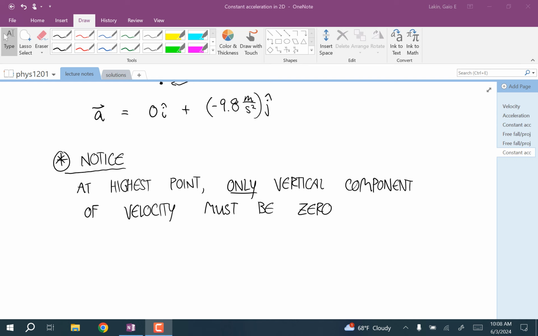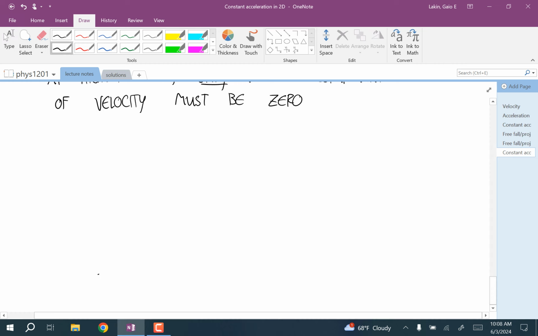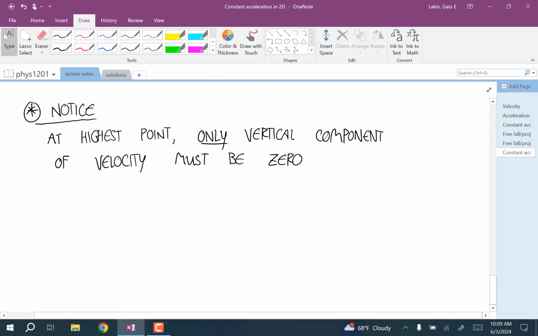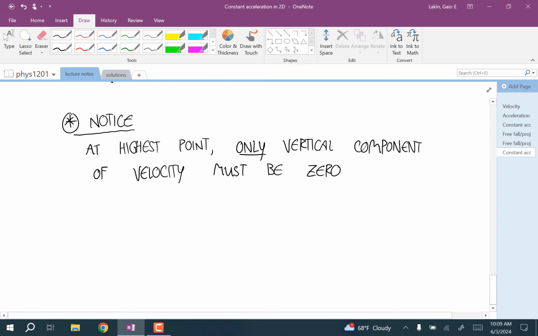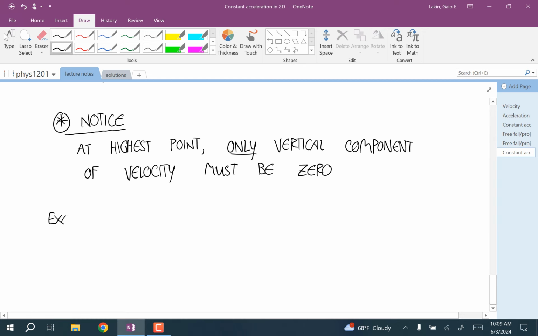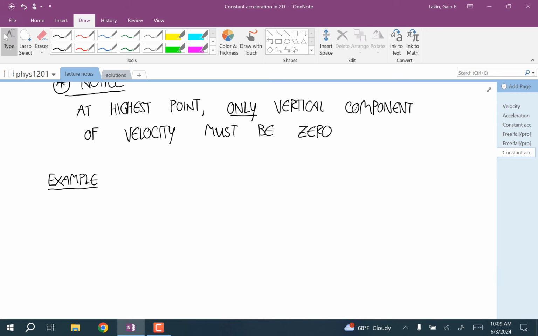Okay, so let's just start going through a few examples. For the first one, let's say that an object is in projectile motion and it's launched from a height of 1 meter.